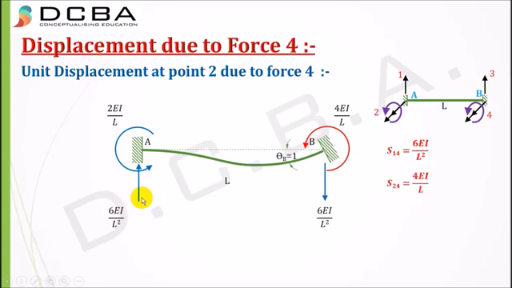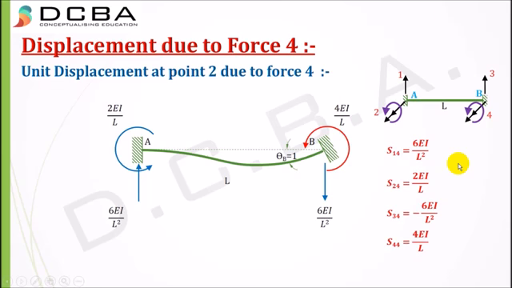S24 is a moment which should be acting in the anticlockwise direction, and it is acting in the anticlockwise direction, and the magnitude is 2 EI by L. S34 is the force or reaction number 3 due to force 4, and number 3 is a positive upward reaction, but here it is giving a downward reaction 6 EI by L square, hence it is minus 6 EI by L square.